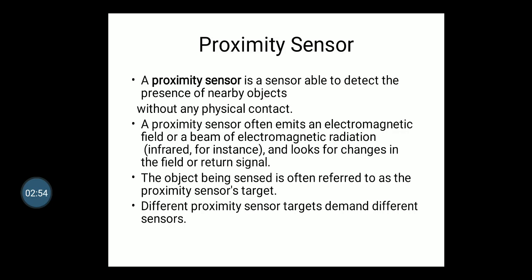From that it will detect whether there is any object present or not. The object being sensed is often referred to as the proximity sensor target. Different proximity sensor targets demand different sensors, means for long distance and for small distance. So this is the working of the proximity sensor.